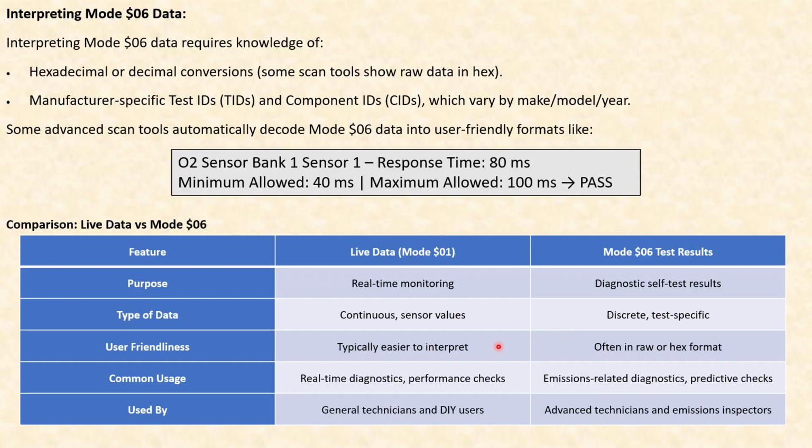User friendliness: live data is typically easier to interpret, while mode 06 is often in raw or hexadecimal format. Common usage: real-time diagnostics and performance checks for live data, and emissions-related predictive checks for mode 06. Used by: general technicians and DIY users for live data, and advanced technicians and emissions inspectors for mode 06.